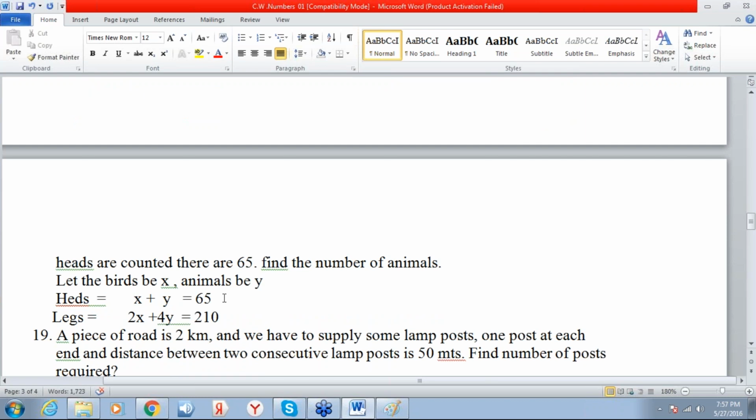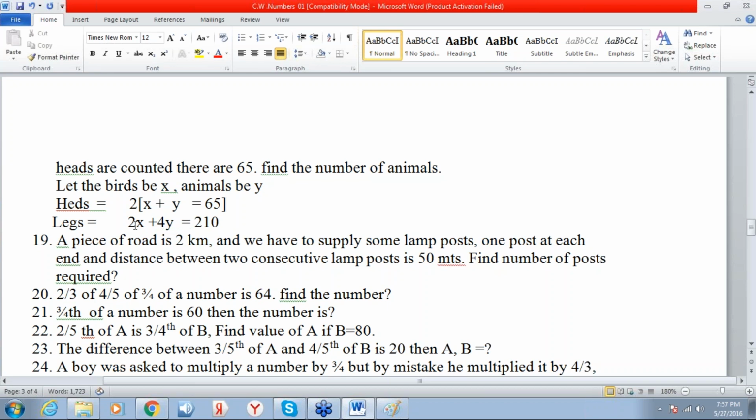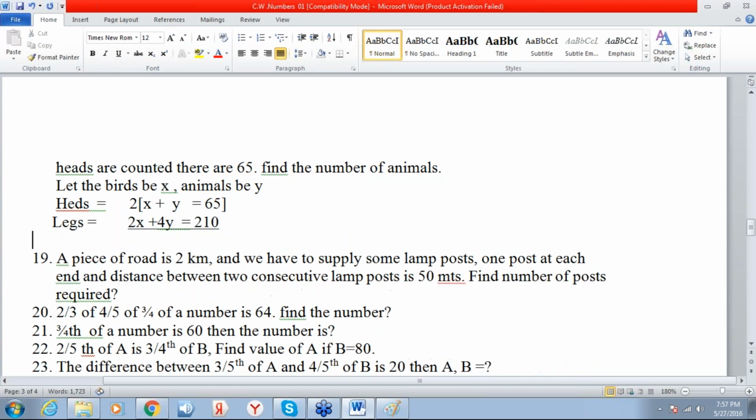So to equalize, we should multiply with 2.